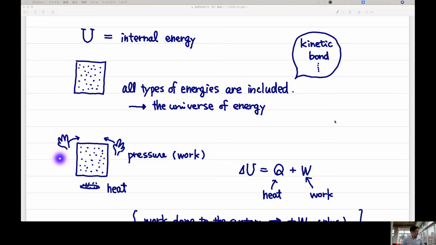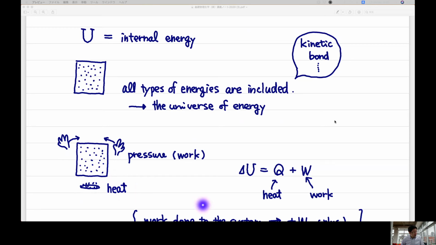Can you understand this in a cartoon? This is your hand. Your hand can push the box to add pressure. And also you can use the heat unit to change the temperature of this system. By adding heat, you can also change the internal energy of this system.